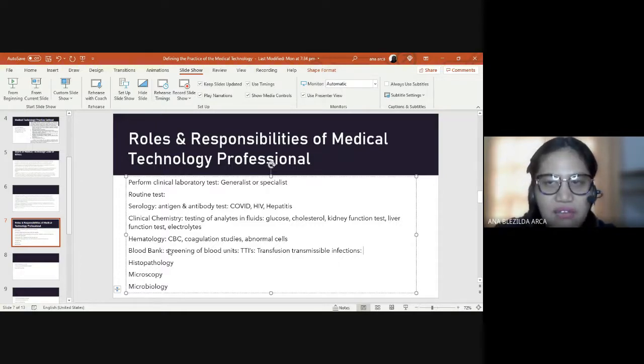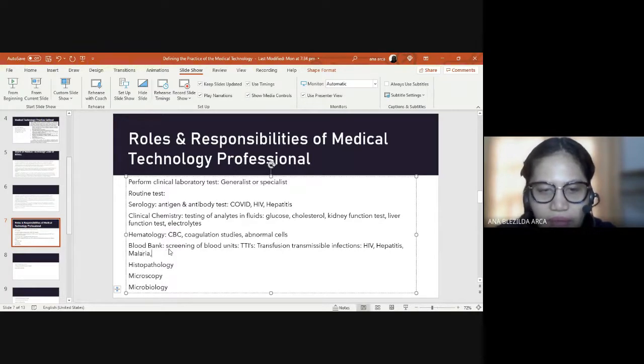Kasi nangyayari yung klase na kapag sinalinan ka ng dugo, pwede ka magkaroon ng sakit. Okay? Lalo na kapag yung blood bag hindi siya na-test properly. So, pwede ka magkaroon ng HIV. Pwede ka magkaroon ng hepatitis. Di ba? Pwede ka magkaroon ng malaria. Pwede ka magkaroon ng syphilis. Yan. Ano pa? Yun ang mga common na infections na pwede mo makuha kapag yung blood unit na binigay sa'yo, hindi siya properly screened. Okay?